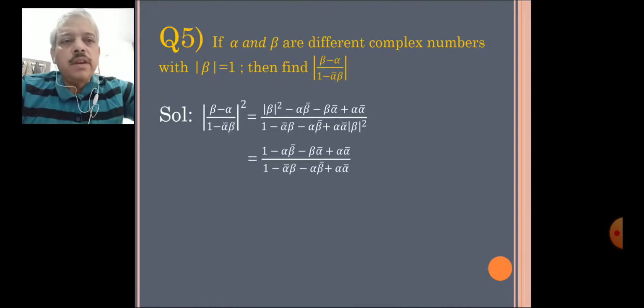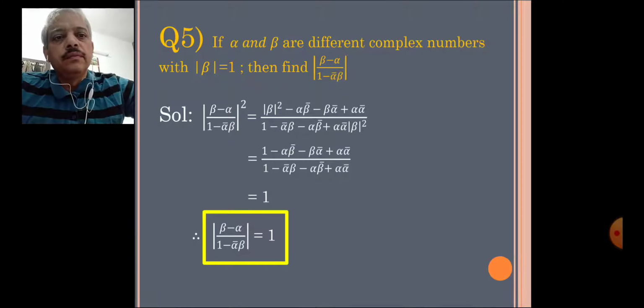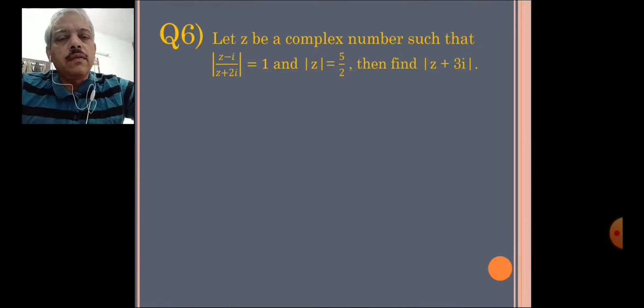So the numerator and denominator are the same, cancelling each other, and it will give you 1. So when the square is 1, then the modulus will also be 1. Modulus cannot be negative, so it will be 1.